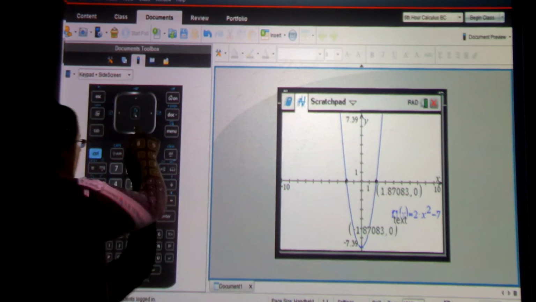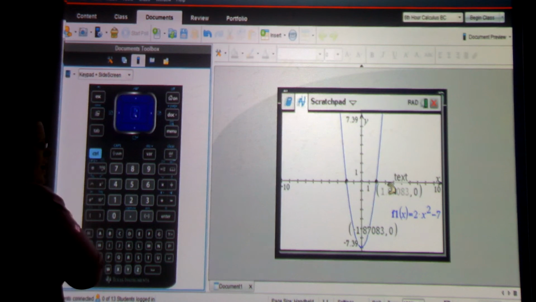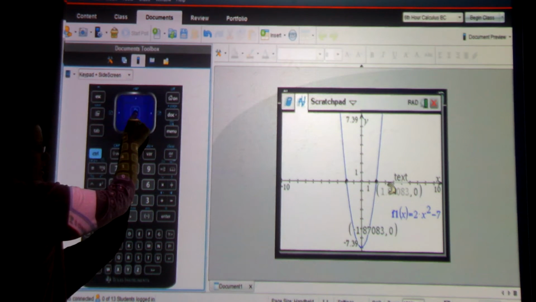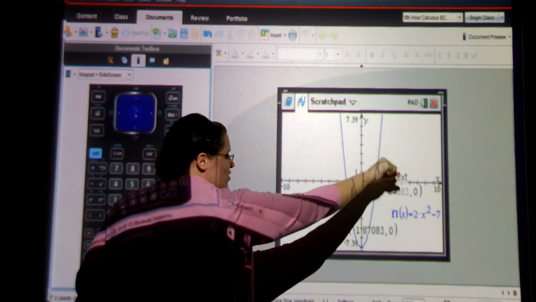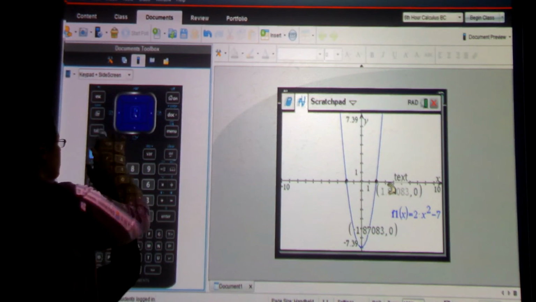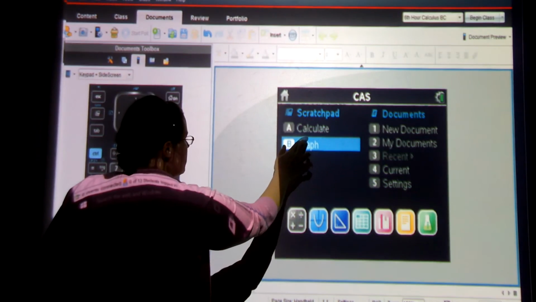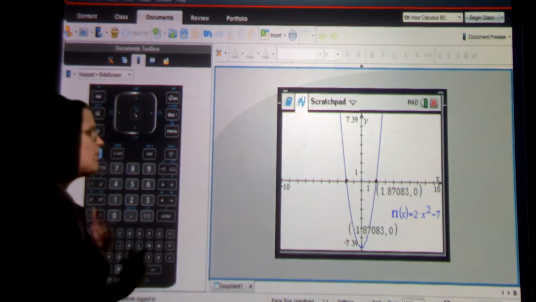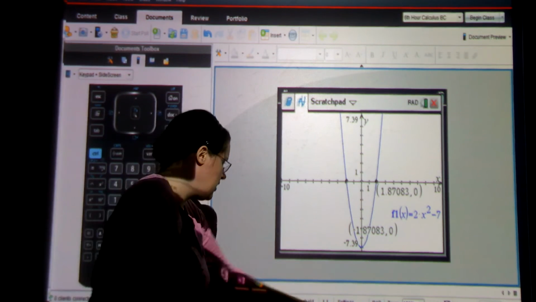By the way, you can get your little arrow by pressing squiggly, squiggly, and you see your mouse shows up, and a hand shows up. If you hold down that center key, I can't do it up here, but you can, it will close the hand, and then you can use your arrows to move it. Mine won't let me do it on the smart board. Sorry, went back. Hopefully it'll show up still. There we go. So my other one was positive 1.871. Let's write that down.